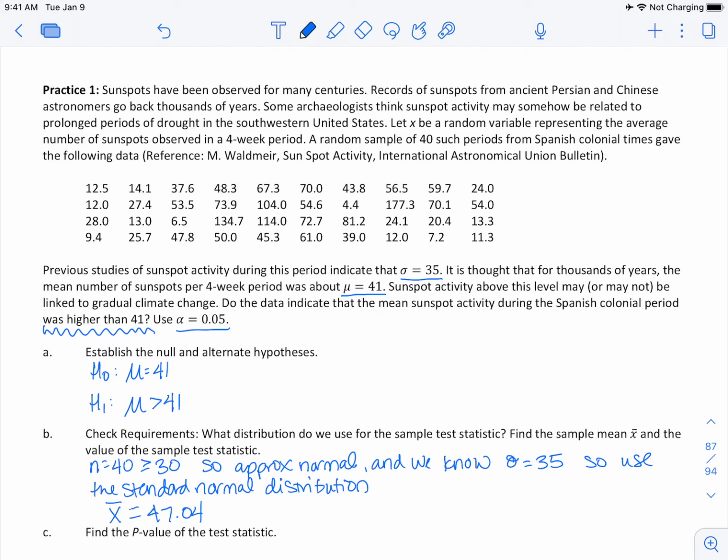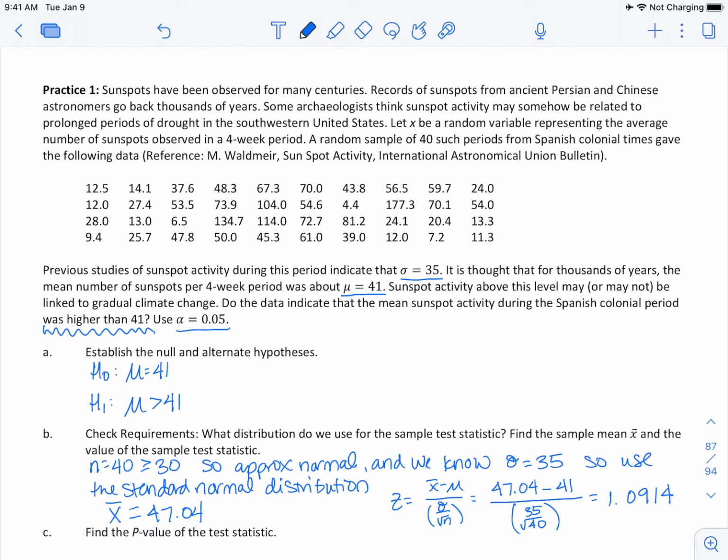And so let's find our sample test statistic. z is equal to x bar minus mu divided by sigma divided by root n. So this is going to give us 47.04 minus 41 divided by 35 divided by square root of 40. And so that's going to give us 1.0914.